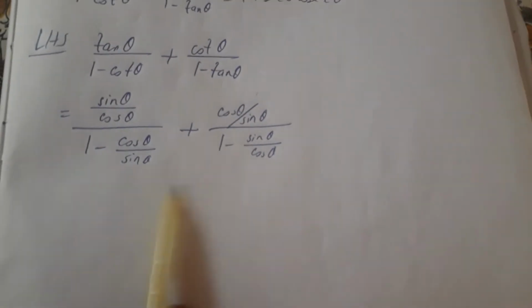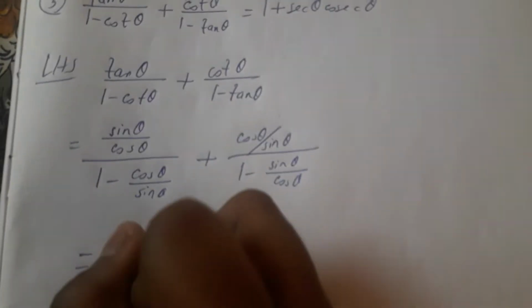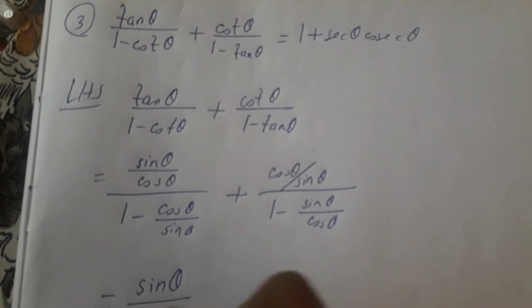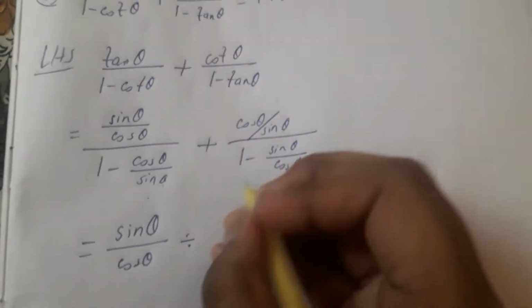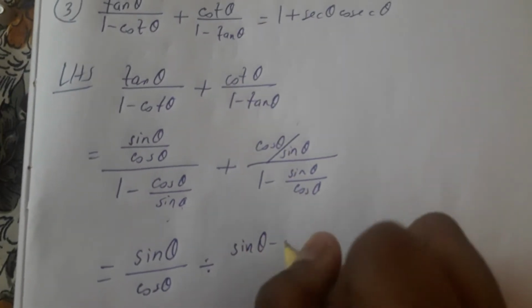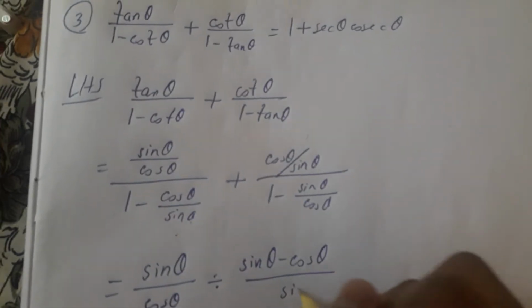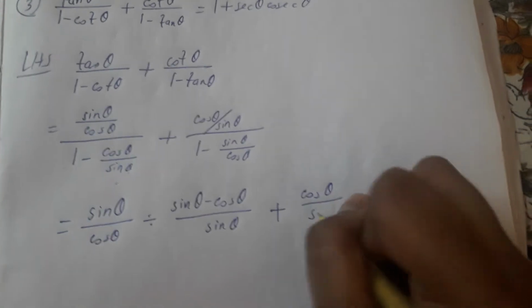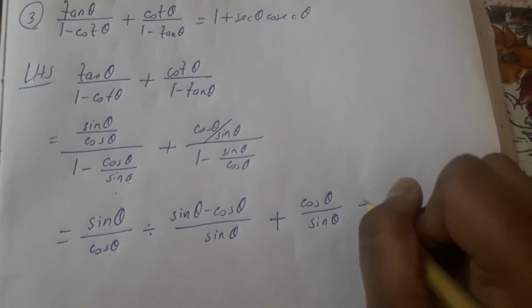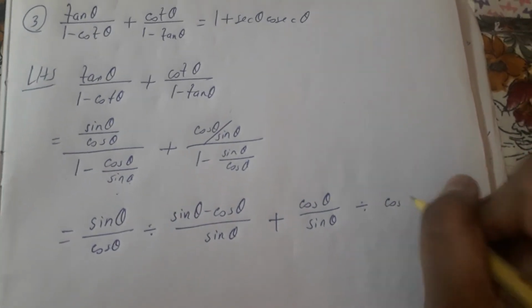Now see, now solve. (sin theta divided by cos theta) divided by (1 minus cos theta divided by sin theta), plus (cos theta divided by sin theta) divided by (1 minus sin theta divided by cos theta).